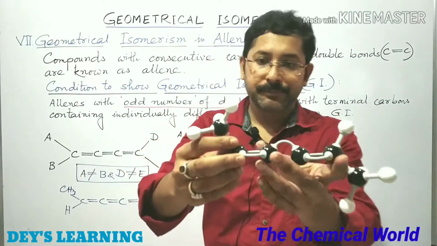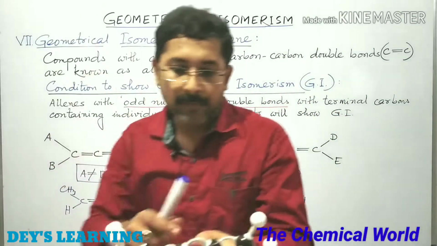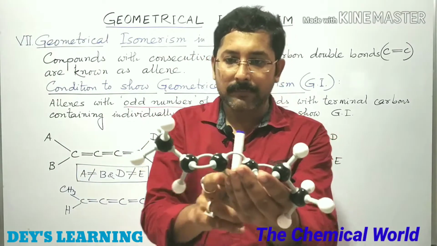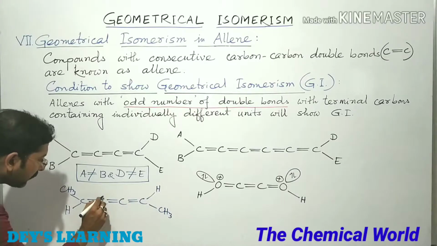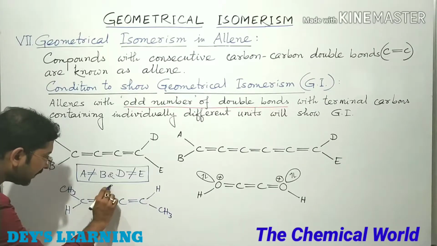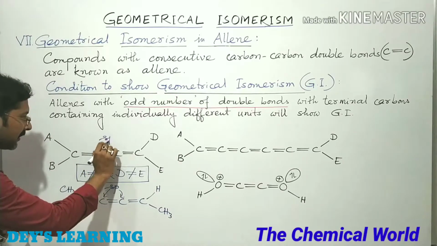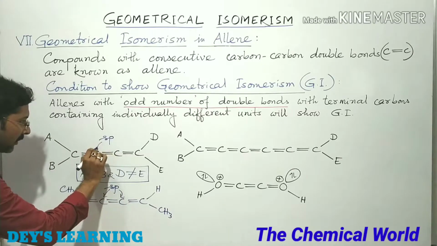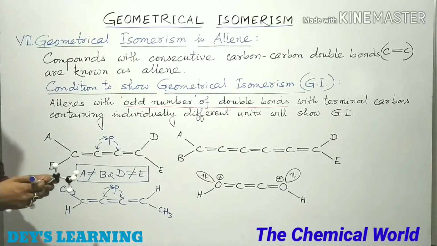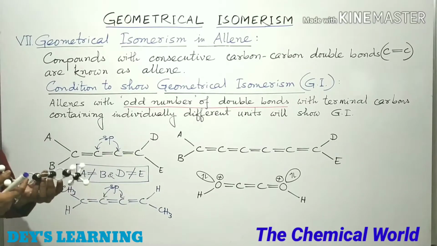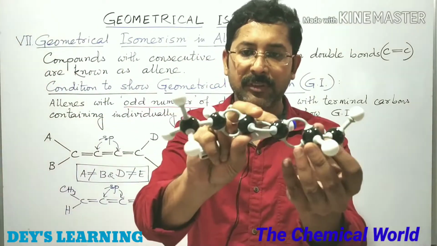Look at here. In this molecule, the carbon here is sp hybridized. And of course the carbon here is sp hybridized. These two carbons are actually sp hybridized. So what is happening here? This carbon is sp, this carbon is sp.